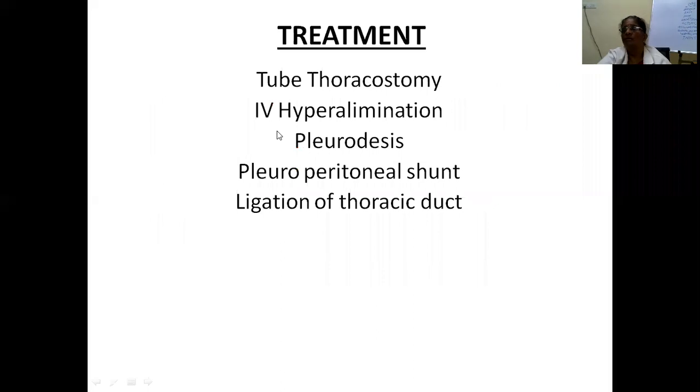But in case of chylothorax, because the loss of chyle is more, you have to do hyperalimentation, that is, IV supplementation of amino acids should be given, and pleurodesis. Because chyle accumulation is generally due to malignancies, we should think of pleural disease, or sometimes pleuroperitoneal shunts and ligation of the thoracic duct.